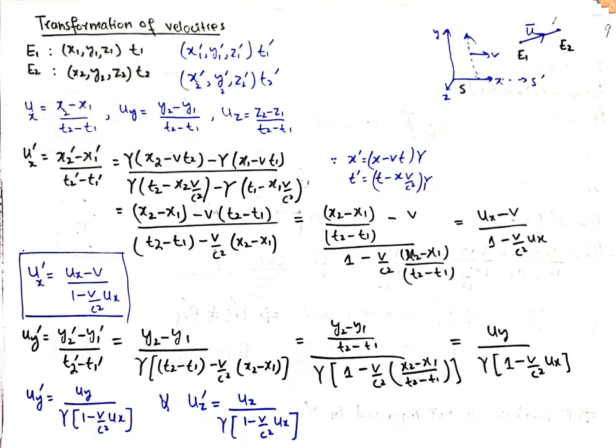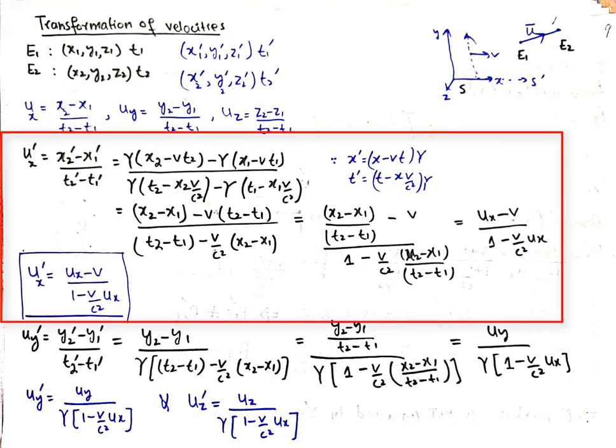Also we can apply the same definition to the S prime coordinate system. So ux prime, that is the speed in the x direction in the S prime frame, will be x2 prime minus x1 prime divided by t2 prime minus t1 prime.